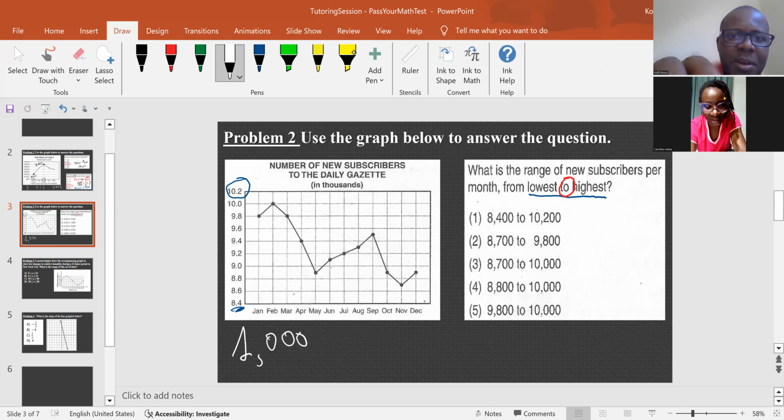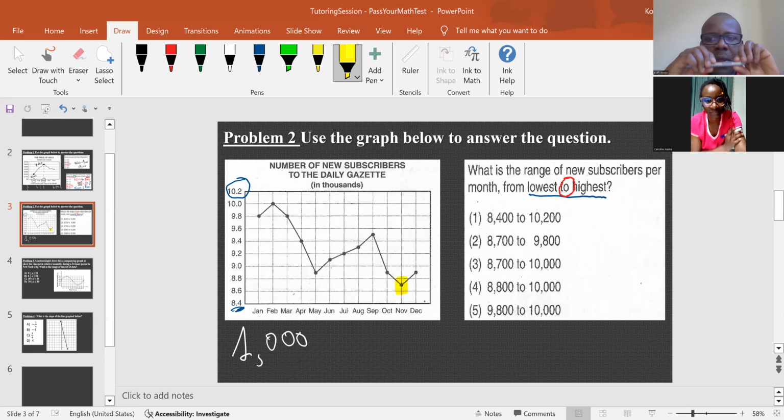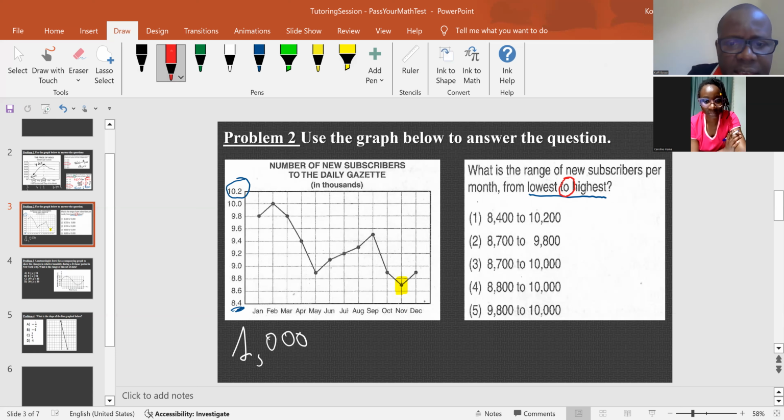Good, perfect. So November. So that means we see this graph from bottom up. The lowest point we have here on the graph is November. And if you see, it's in the middle of 8.6 and 8.8.